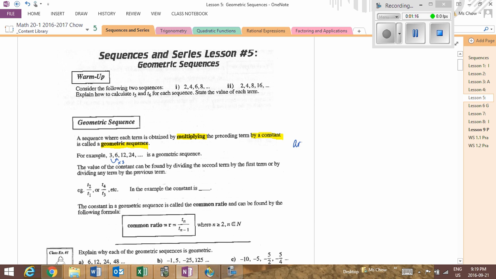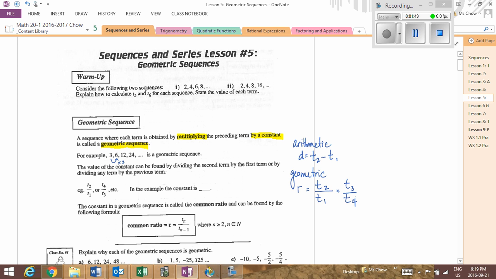No different than in arithmetic sequences, where you would find your common difference by doing t2 minus t1. So in arithmetic, we know that d is equal to t2 minus t1 because we're adding that constant, or common difference. For geometric, we call it a common ratio, and that is r, and we find that by dividing t2 by t1, or of course t4 by t3, and that would give us your constant ratio.